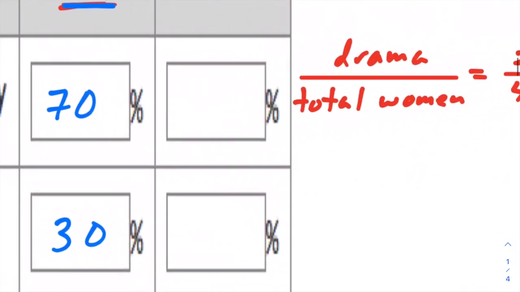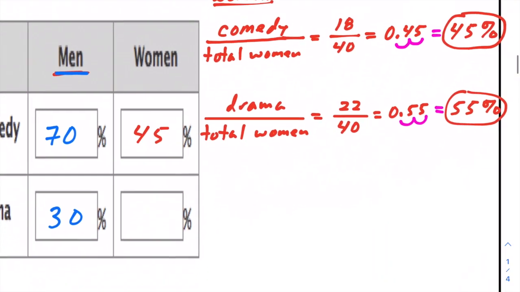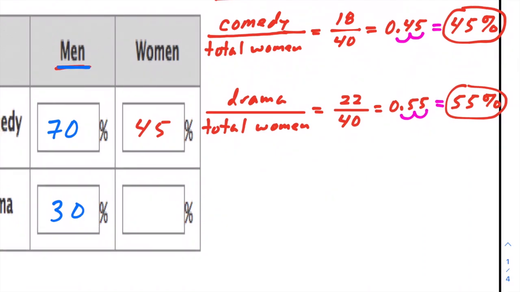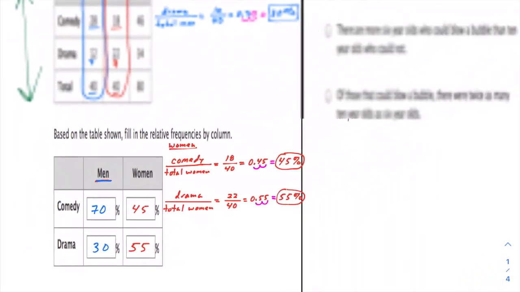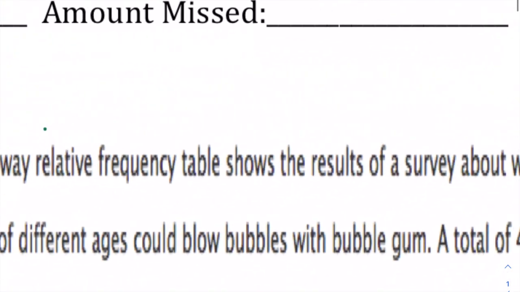And so yes, there were 55% of the women who like dramas. And so if we fill in our chart here, 45% of the women like comedies and 55% of the women like drama. And so there is number 2.